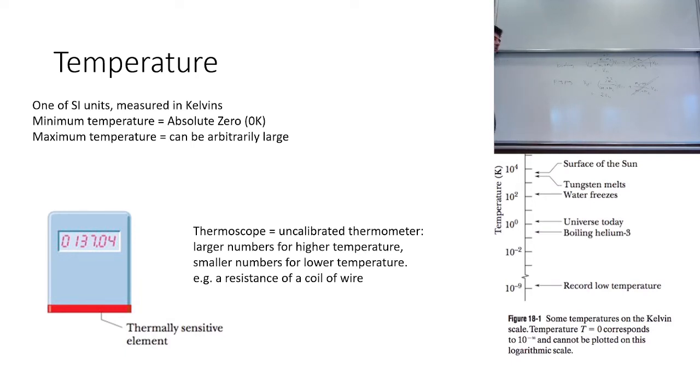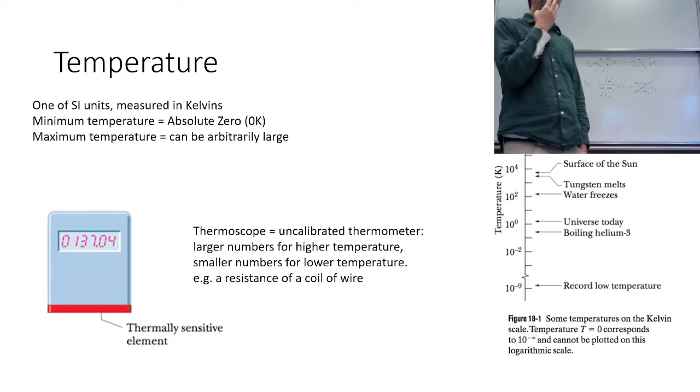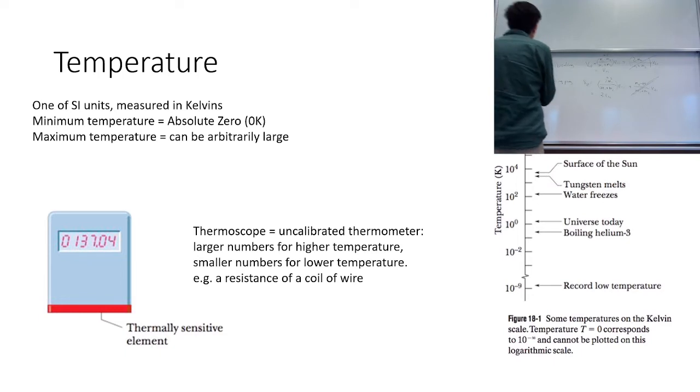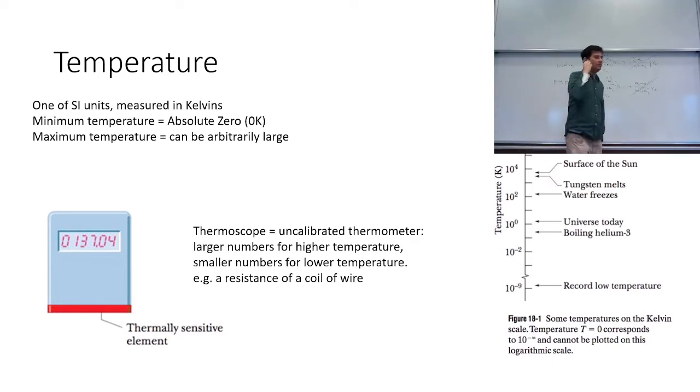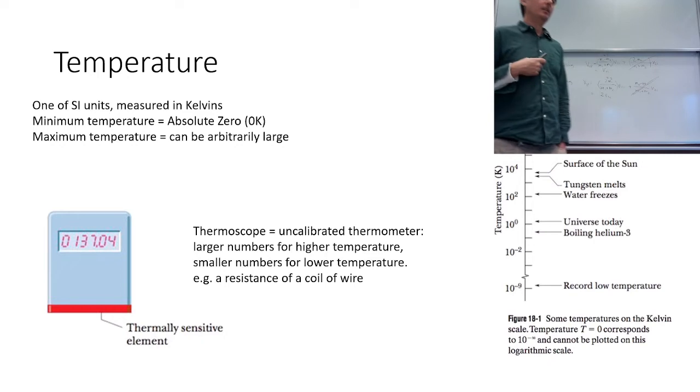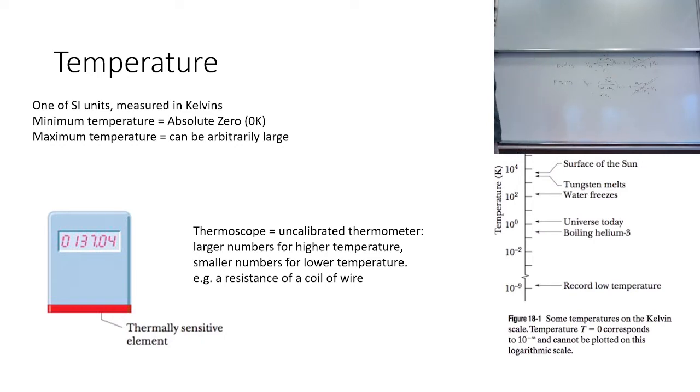I was about to say there's not really an upper limit to the kinetic energy, but I suppose there is. It depends on if you think classically or not. If you don't take into account any relativity, then obviously there's no upper limit to velocity, and no upper limit to the energy something can have.